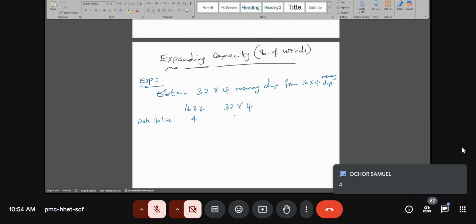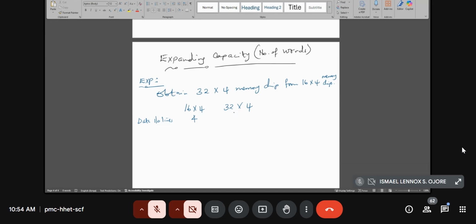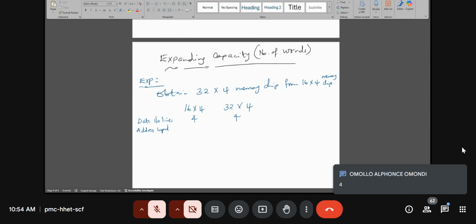How many data input output lines do we need? 4. Sorry? 4. 4, once again. And then the other one is the address input lines. For a 16 by 4, how many do we need? 4. And for a 32 by 4, how many? 5. That's correct.